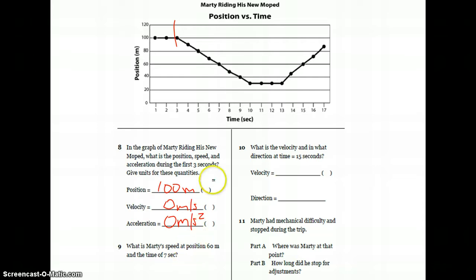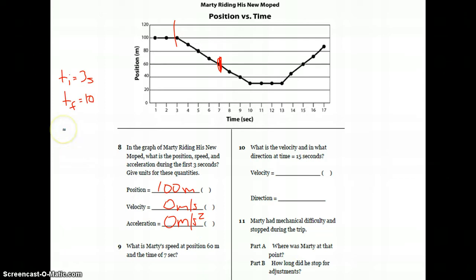What is Marty's speed at position 60 meters and the time of 7 seconds? So if we look at that one, we're looking at this point right here. And Mr. Flint, how can we figure out that one? Well, you need to find the slope of the line. So we can start at 3 seconds and go all the way down to 10 seconds. And basically that's a change in 7 seconds of time, and then we would need to figure out the change in position.